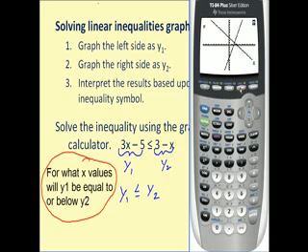If we hit second, trace, option 5, and then enter 3 times, x equals 2 will be part of the solution because we are looking where they're equal. And then from that point, we can see that to the left is when y1 is below y2. So our answer would be when x is less than or equal to 2, since y1 is below y2 to the left of positive 2.